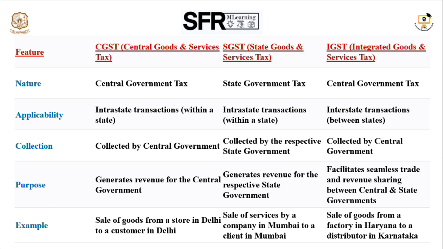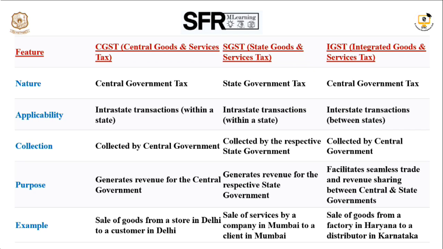CGST is collected for generating revenue for the central government, whereas SGST is collected for generating revenue to the respective state government, whereas IGST facilitates seamless trade and revenue sharing between central and state governments.